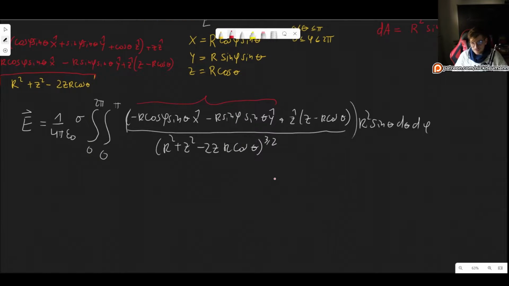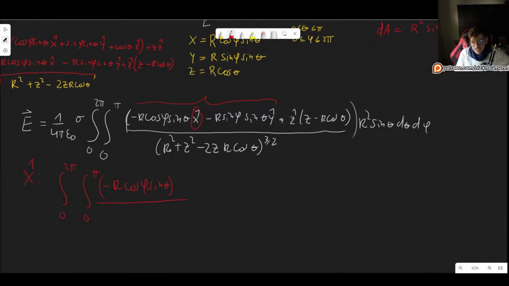So don't worry. Now there are, of course, 3 different integrals here. We have the x hat direction, the y hat direction, and the z direction. So let's go one step at a time, with the x hat direction first. That integral is the integral from 0 to 2 pi of the integral from 0 to pi of minus r cosine of phi sine of theta.